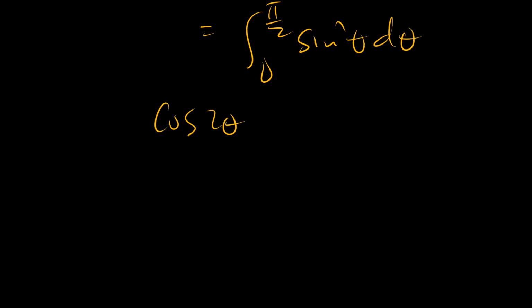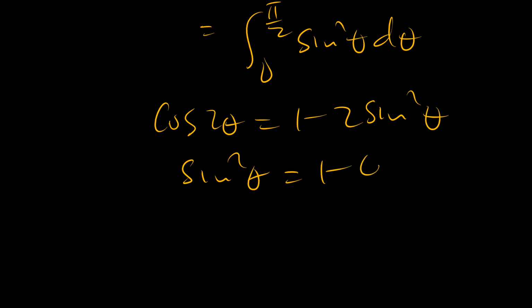So we are left with an integral from theta equals 0 to theta equals pi over 2 of sine squared theta. And we know cosine 2 theta is the same as 1 minus 2 sine squared theta, and therefore sine squared theta is the same as (1 minus cosine 2 theta) divided by 2.